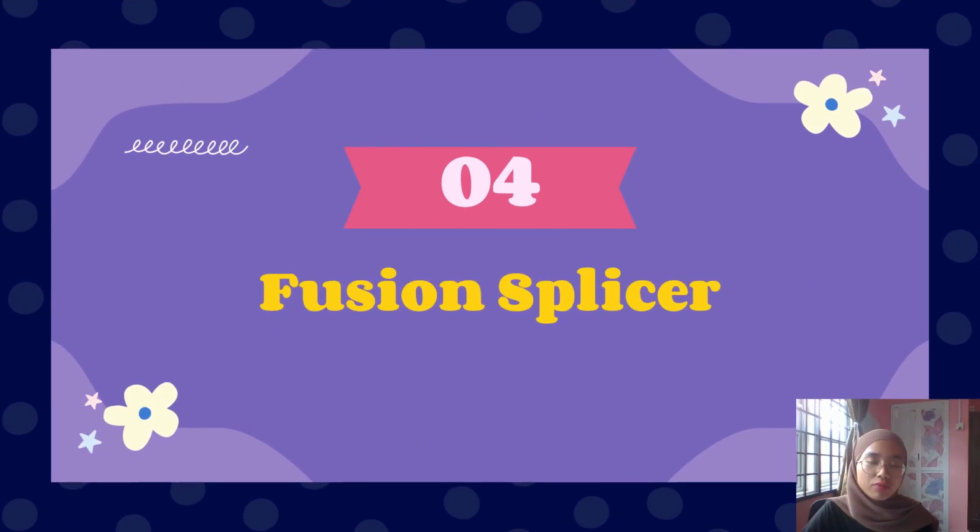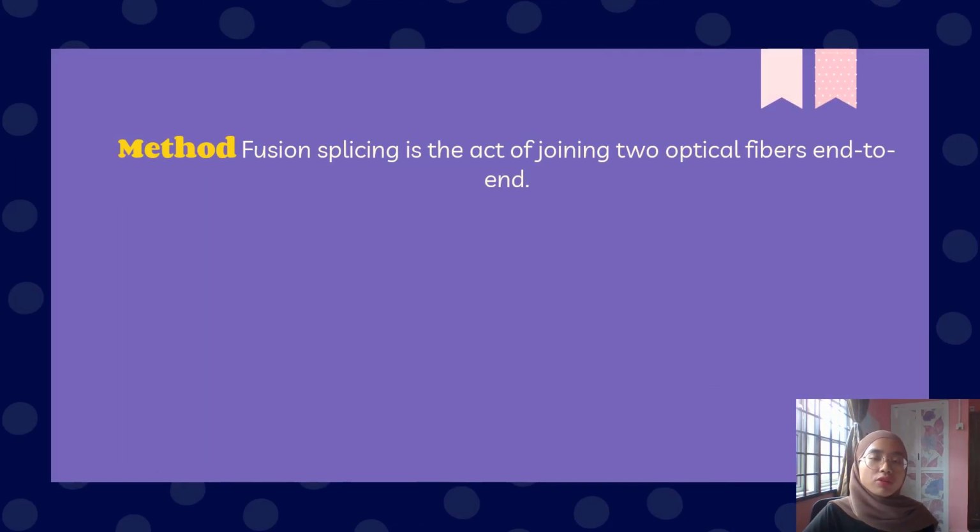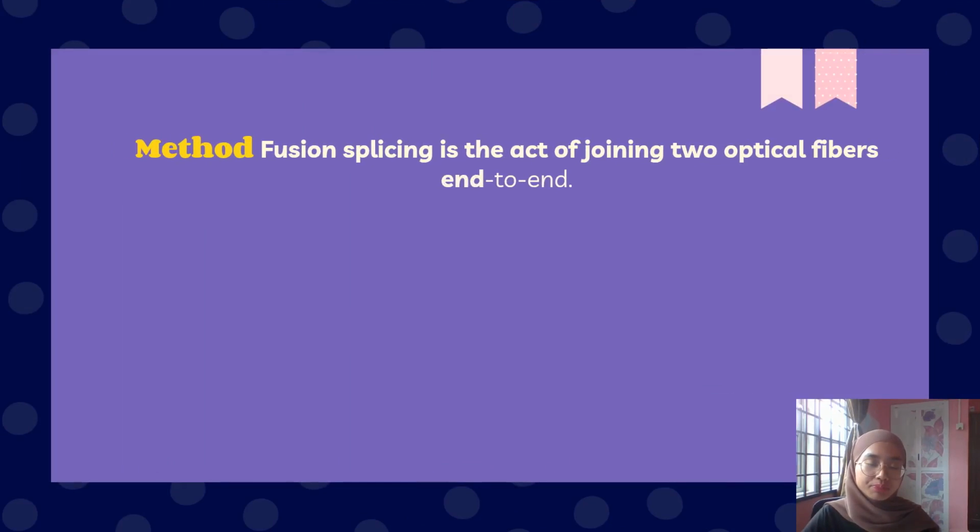Okay, next, the fourth equipment is the fusion splicer. The fusion splicer is the equipment, while the method we call fusion splicing. Fusion splicing is the act of joining two optical fibers end to end.